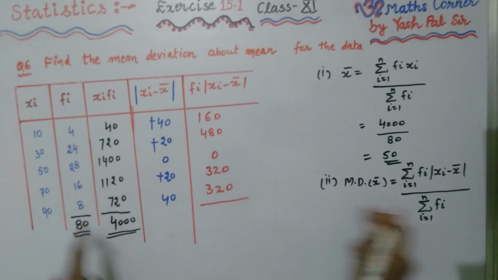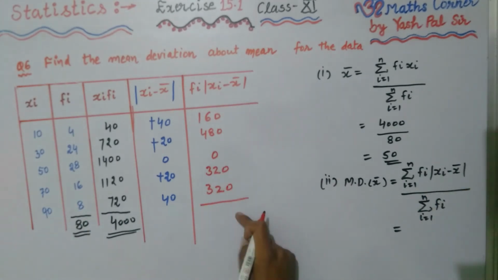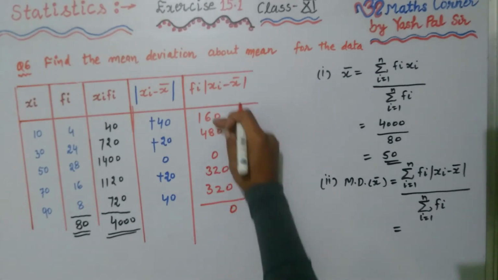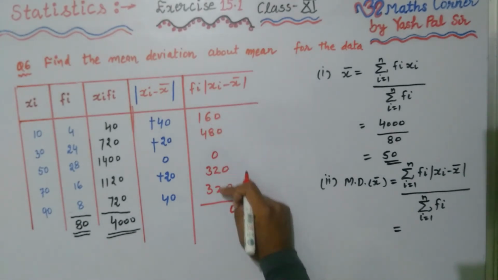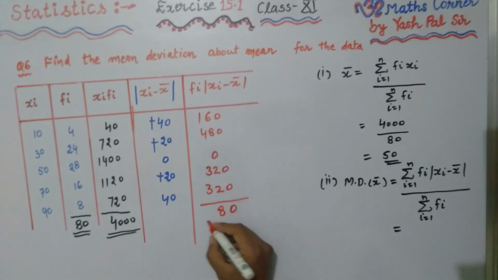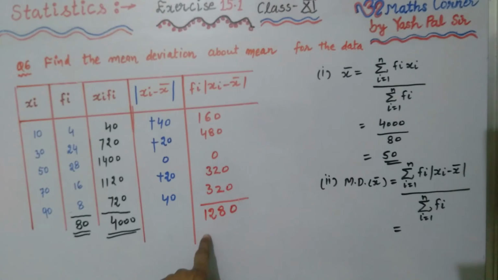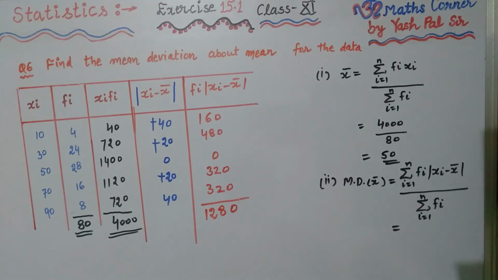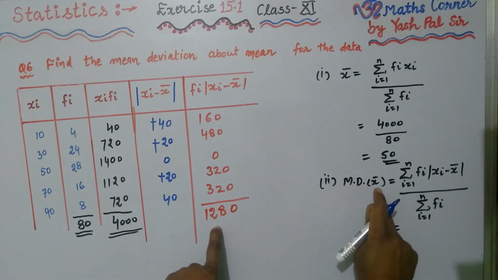Okay, now we need the sum of these terms. This is equal to 1280. Lastly, we substitute these values in the formula for mean deviation about mean.